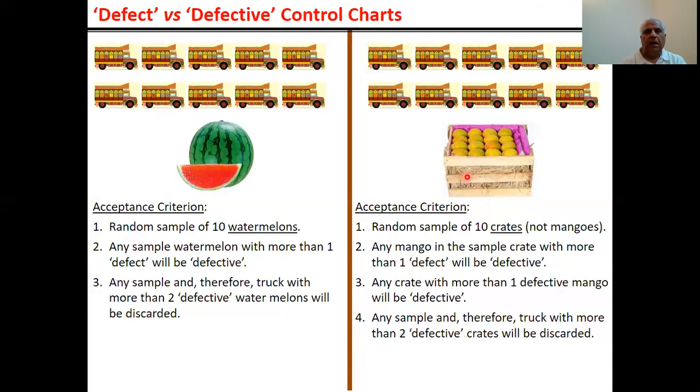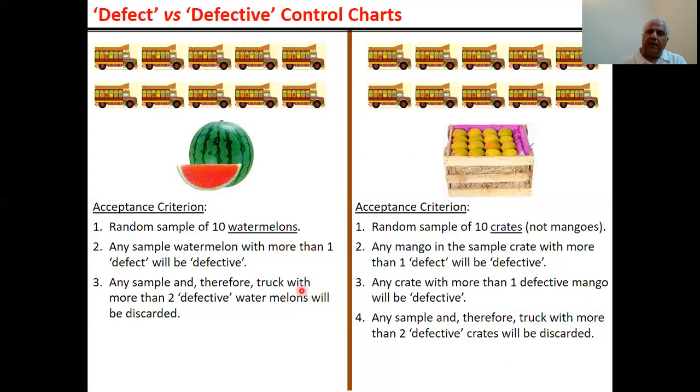Defect could be an underripe mango, overripe mango, or rotten mango, or mango infested with worms, etc. And if there is any crate with more than one defective mango, the crate would be considered defective. And in the whole truckload, if there are more than 2 defective crates, the whole truckload will be discarded.